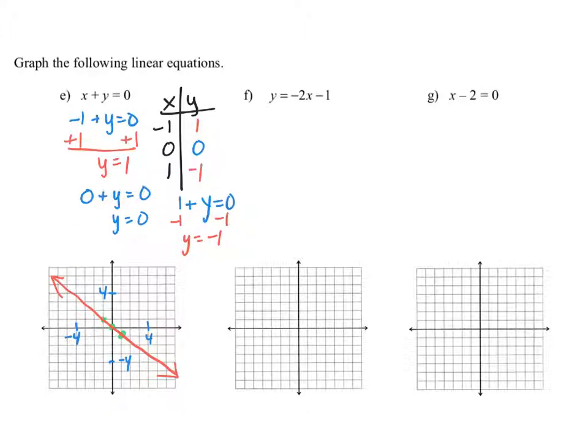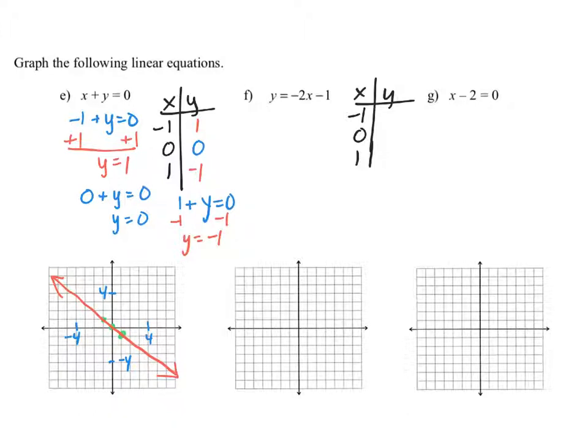Let's look at part F, y equals -2x minus 1. We are going to make a table of values, x's and y's. I'm going to choose some positive values, negative values, and 0. Again, you can choose any x values you want. You just may need to adjust the values that you choose so you get a complete graph.